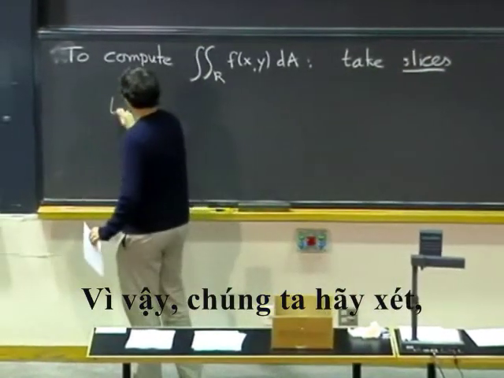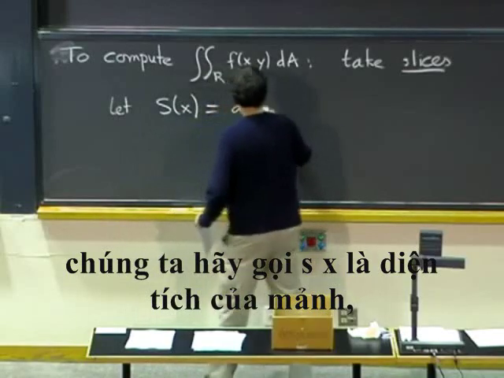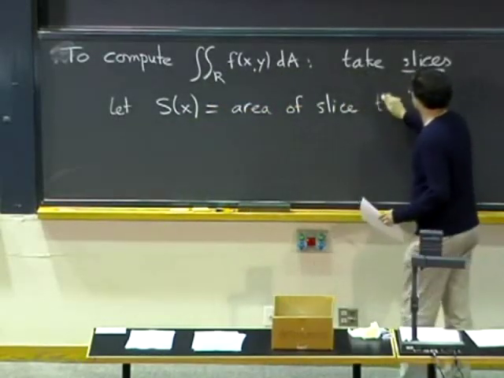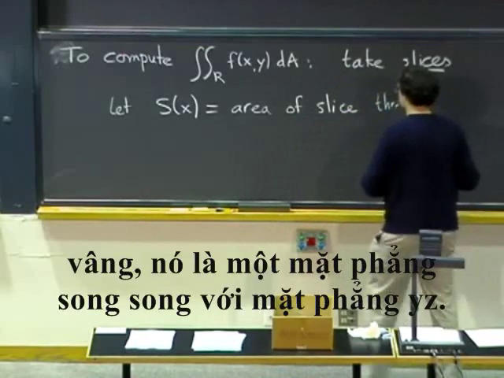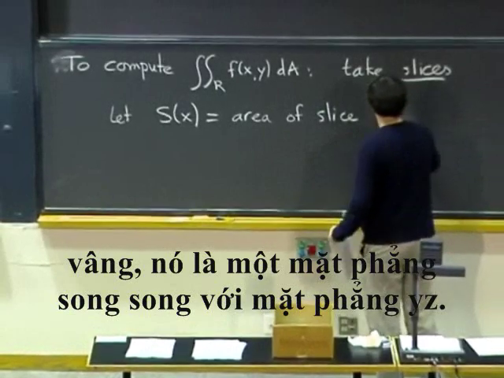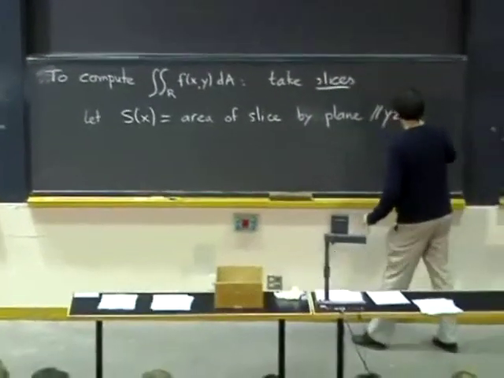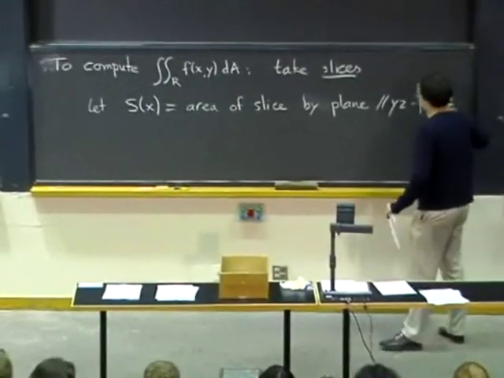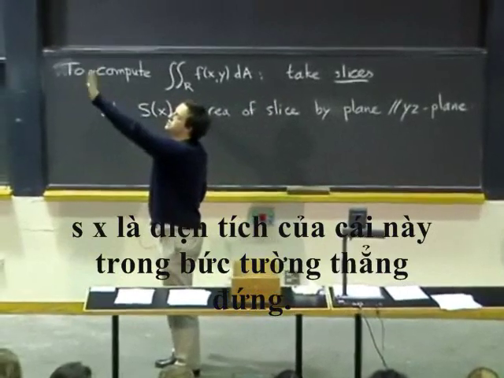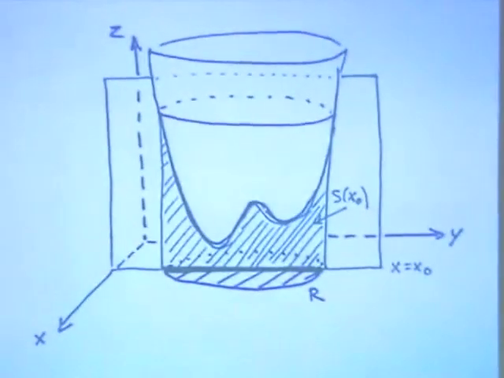So let's call S of x the area of a slice by a plane parallel to the YZ plane. On the picture, S of x is just the area of this thing in the vertical wall.